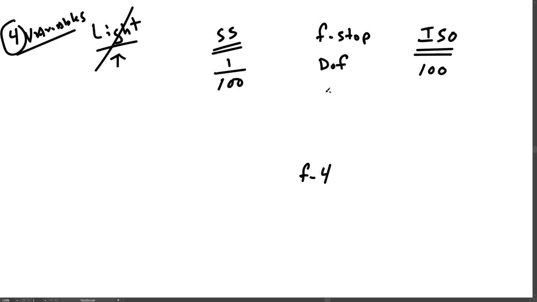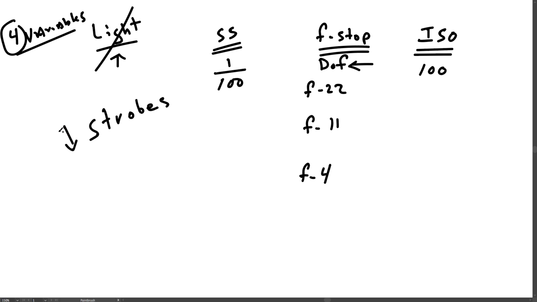If you want a very deep depth of field, you might shoot at f22, or you could shoot somewhere in the middle, like f11. But you're not using the f-stop to control exposure. You're using f-stop to control the depth of field. And then you use your strobes and you increase or decrease the power to the strobes, that is, increase or decrease the amount of light, and that's how you control the exposure.